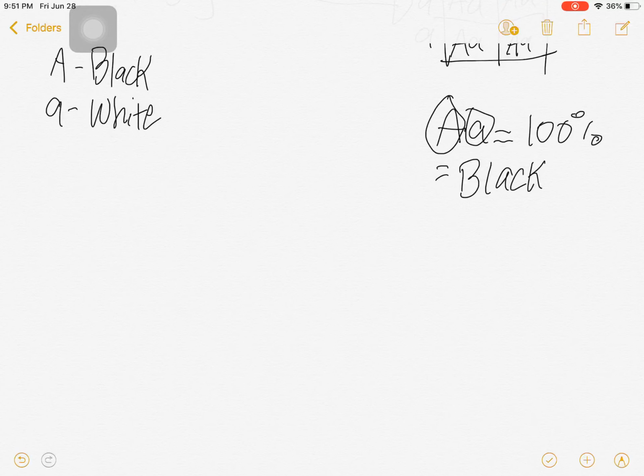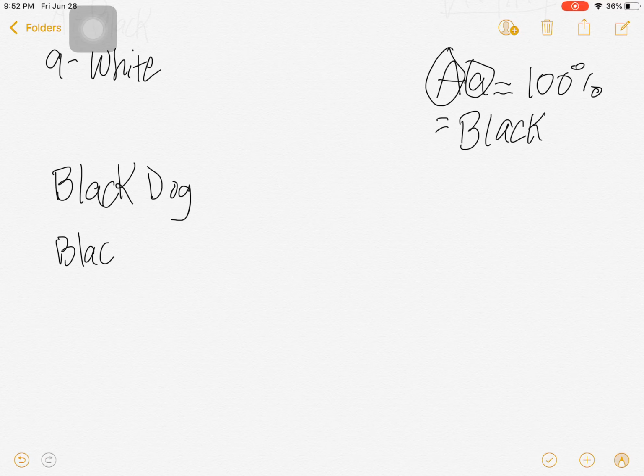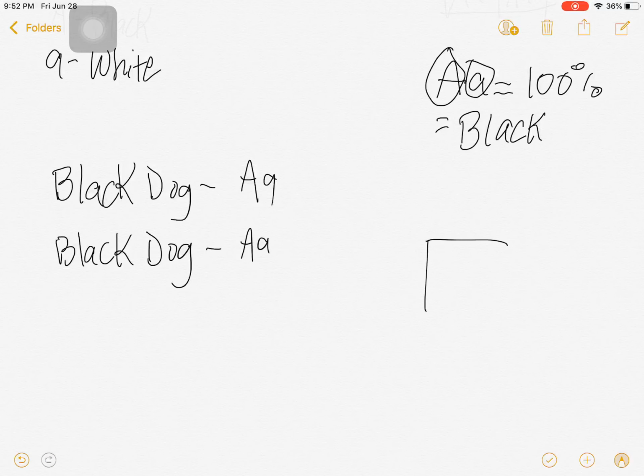Now let's try another pair. Same thing, we're going to have two black dogs this time, and they're both going to be heterozygous gene pairs. Now again, there's the Punnett square, and at this point in the video, if you want to pause it and try it for yourself, you can, and then press play again to see if you can do it correctly.